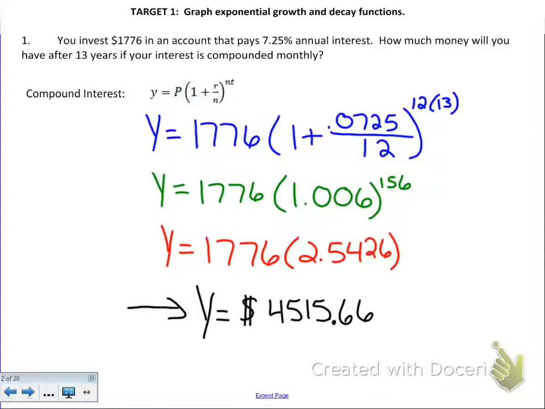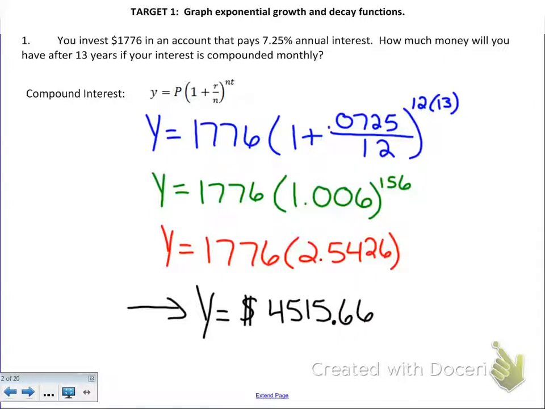Okay, so in the blue, we plugged in all the numbers from our problem. 1,776 is our P. P stands for principal. Our rate is 0.0725. We need to move our percent into a decimal, so that's why I moved the decimal 2 places to the left to be 0.0725.